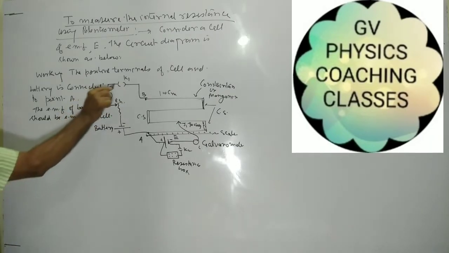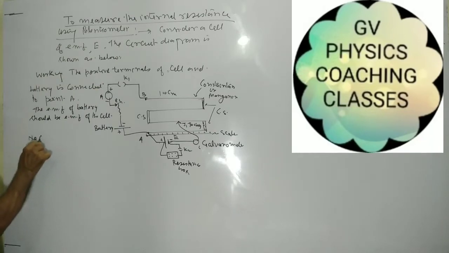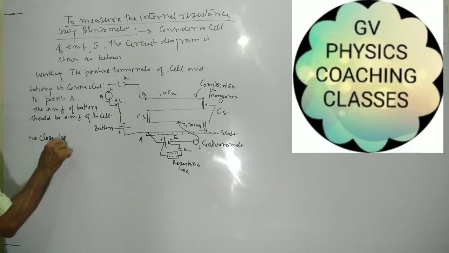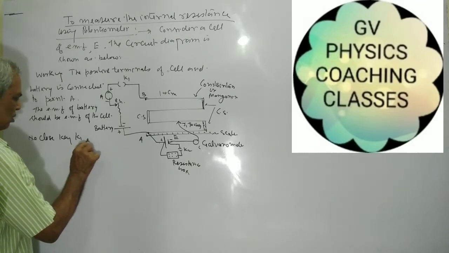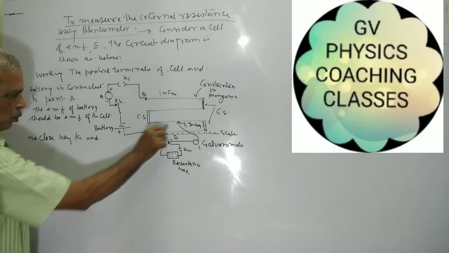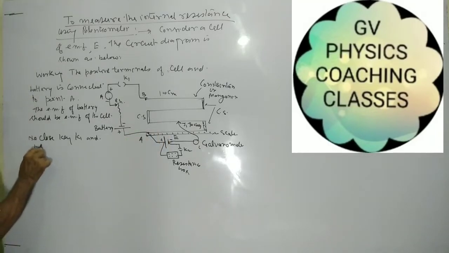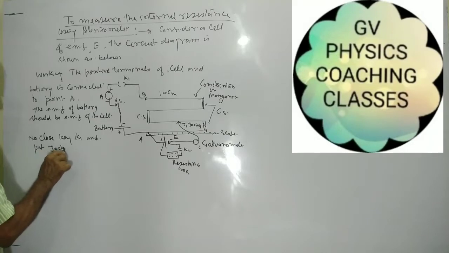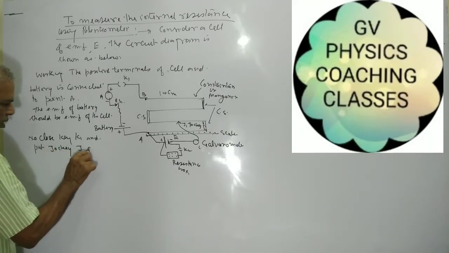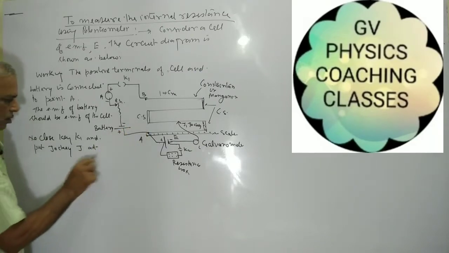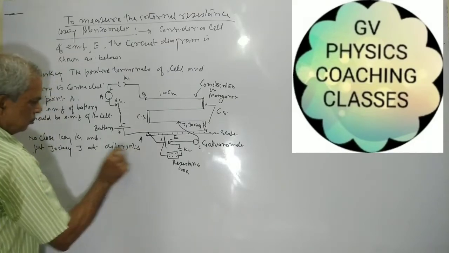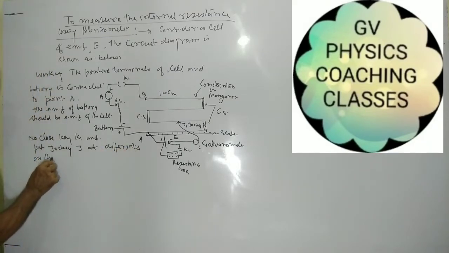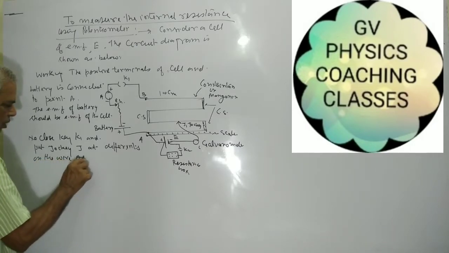Now close key K1 and put jockey J at different points on the wire AB.